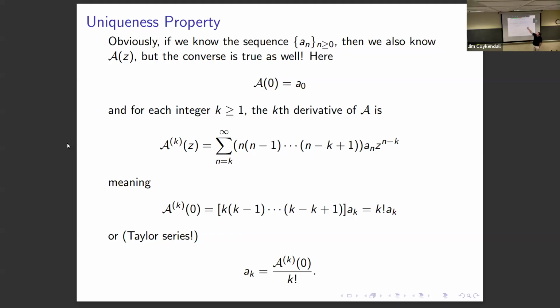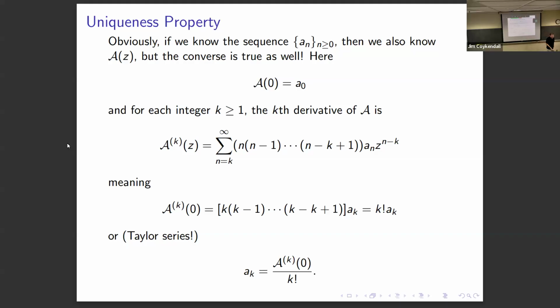Again, I know the radius of convergence is at least 1 if the original radius of convergence is at least 1. And if I evaluate the kth derivative at 0, I get this guy, so that turns out to be k factorial times a_k. So we basically showed that if you want the kth term in the sequence, that's equal to the kth derivative of the generating function evaluated at 0 divided by k factorial.